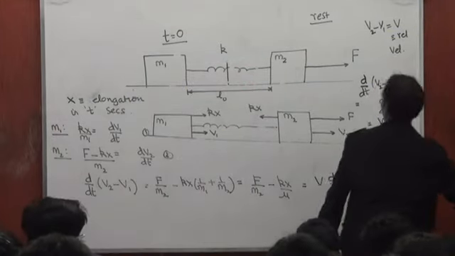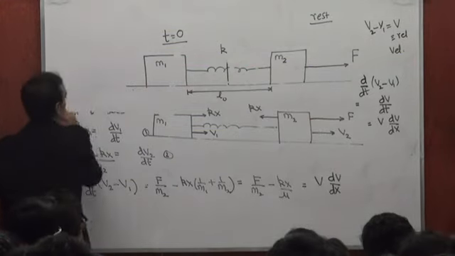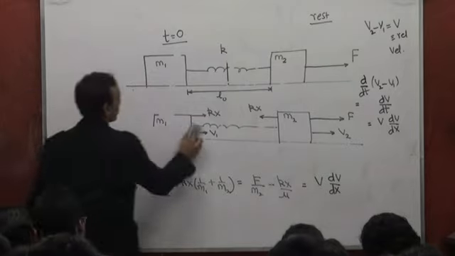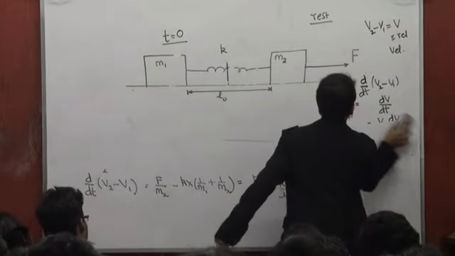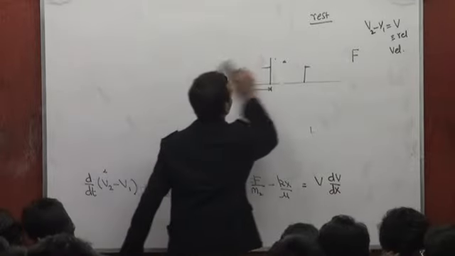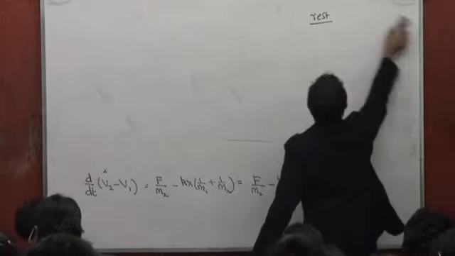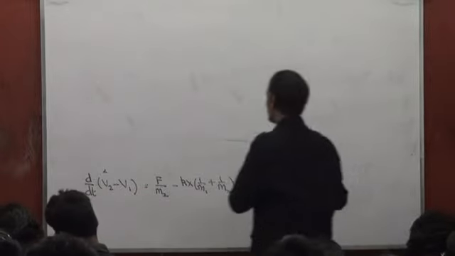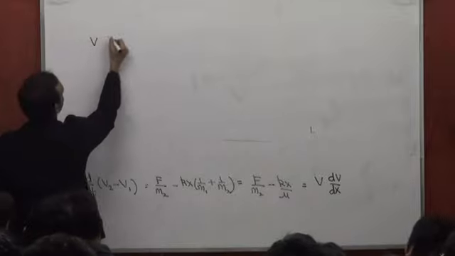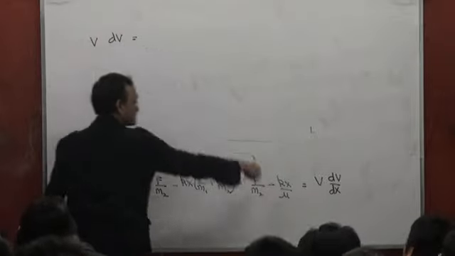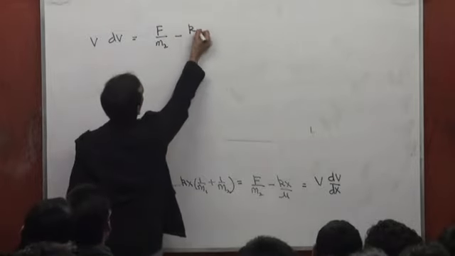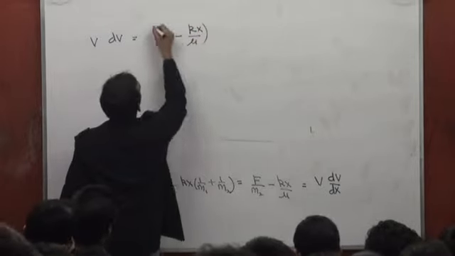You know what I'm saying? v dv is F by M2 minus kx by mu into dx.